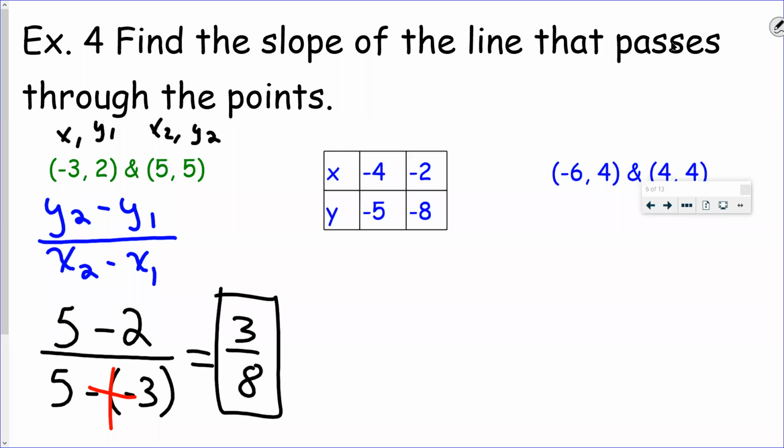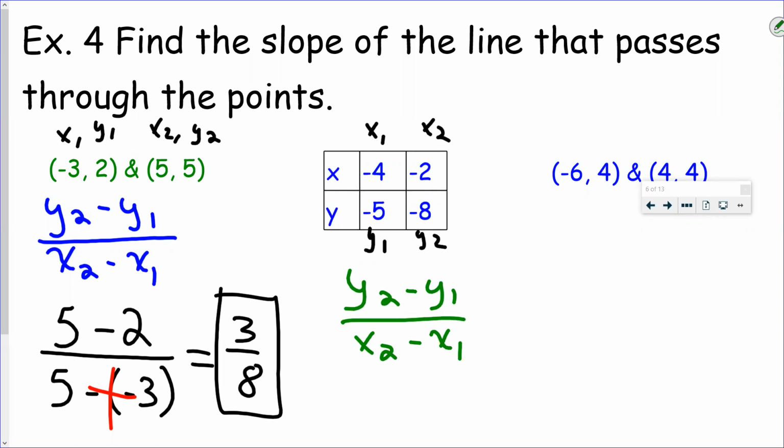If we move on to the next one, we're going to do the same thing. We're going to label this as y1, y2, x1, x2. Then we're going to plug into our formula. We're going to write down again our formula, y2 minus y1 all over x2 minus x1. y2 is -8. y1 is -5.